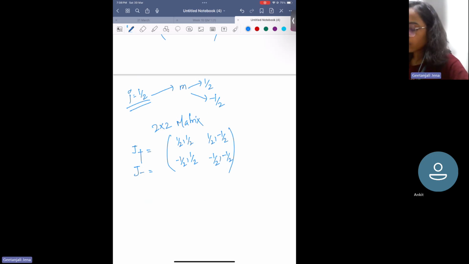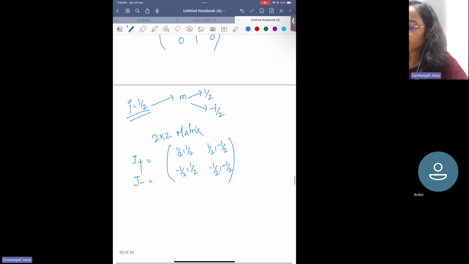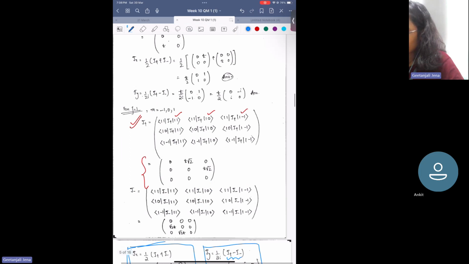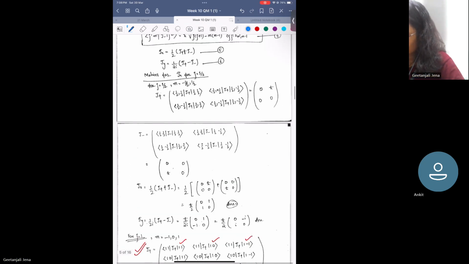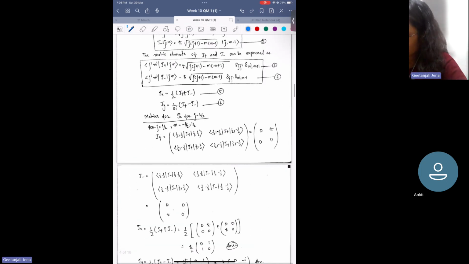You just need to follow the same process that I've done for j equal to 1 and find out what is the expression for j plus, jx and jy. So if you do it, let me show you. I have taken half half, half minus half, minus half half, and minus half minus half.